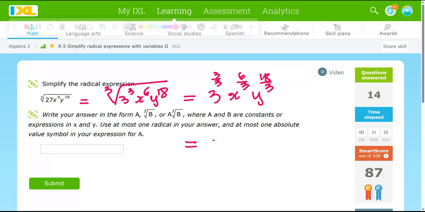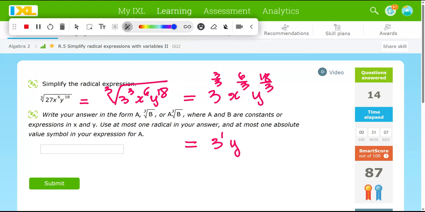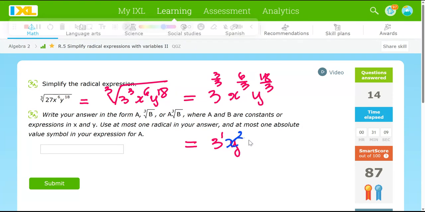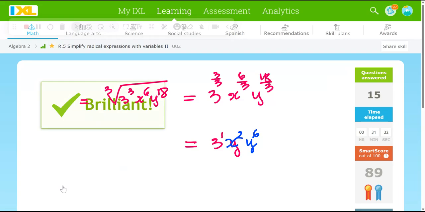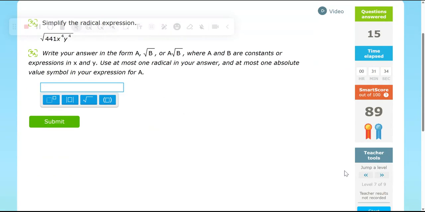So the final answer is 3 times x squared, and then y to the 6. Okay, that's it. So I put it in. Here we go. Number 3, x squared, and then y to the 6.